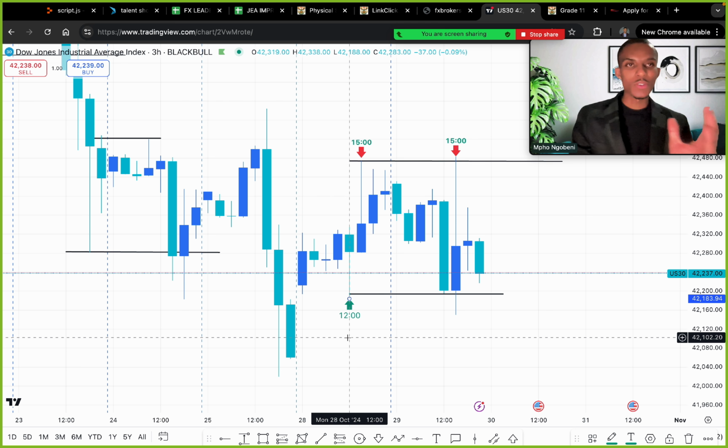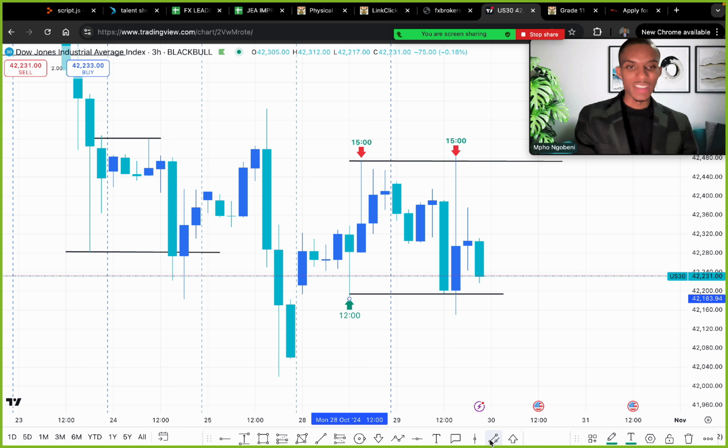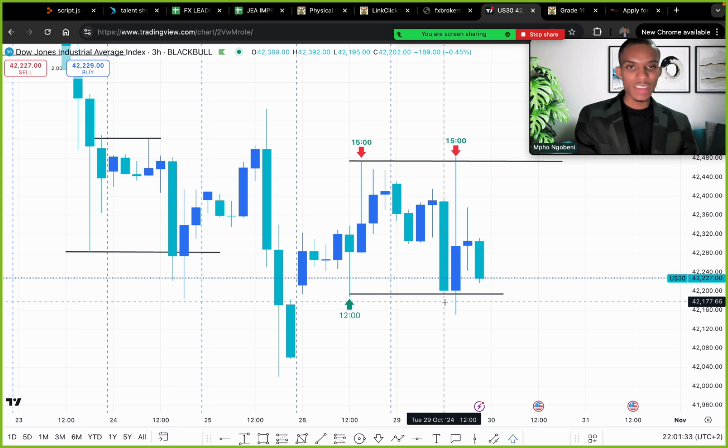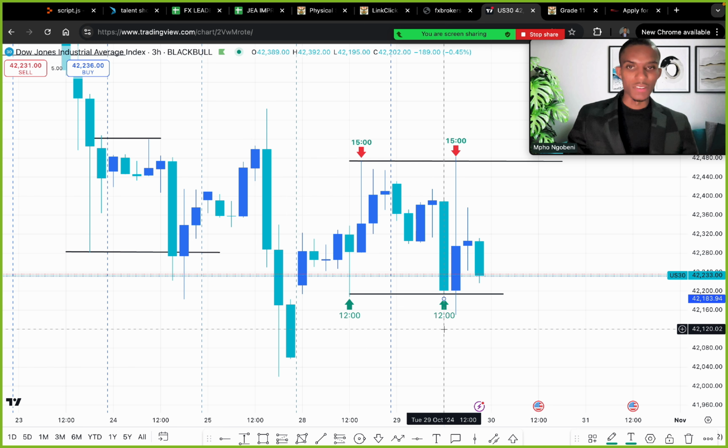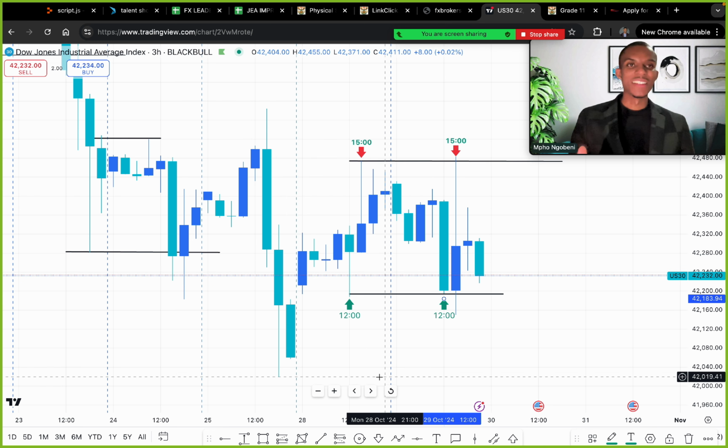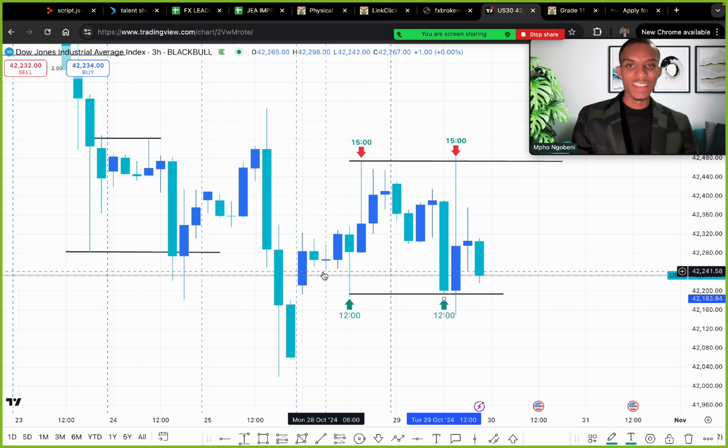And then guess what came there as a support? Guess the time. Correct, 12 o'clock. If we check the candlestick that rejected here for buys, it was the 12 o'clock. Easy, easy, yes. So now let's check other resistances.